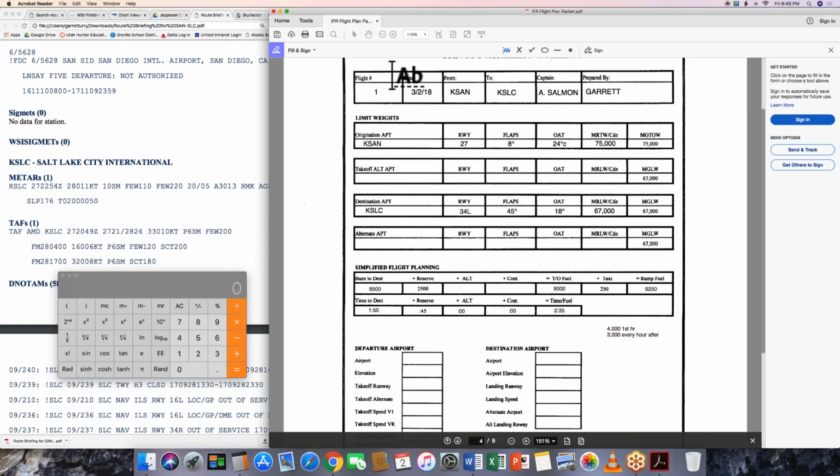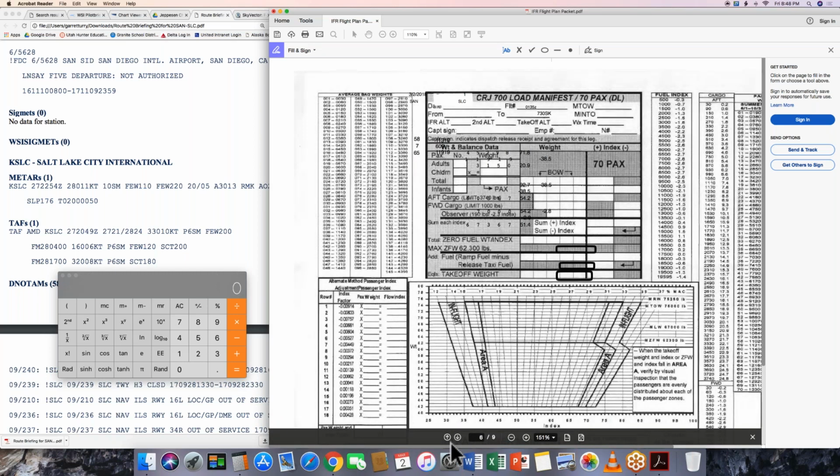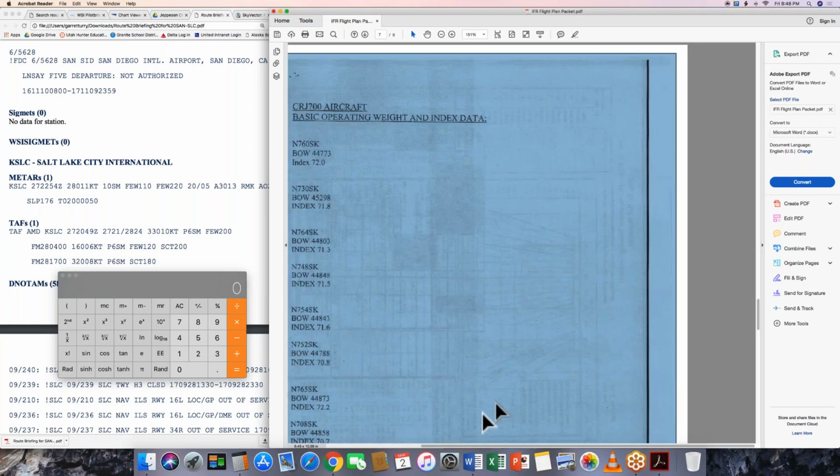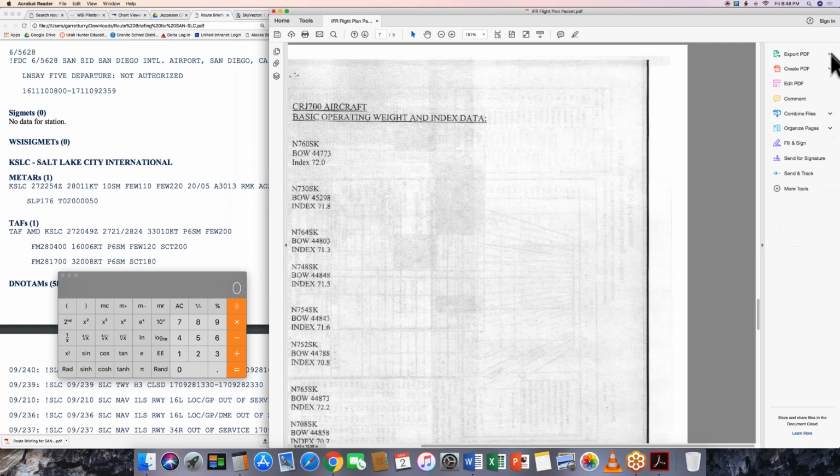So now we've figured out our fuel, and we can go back and add that 2,000 pounds onto our... Oh my gosh. What happened? That was really weird. I don't know what's going on now.